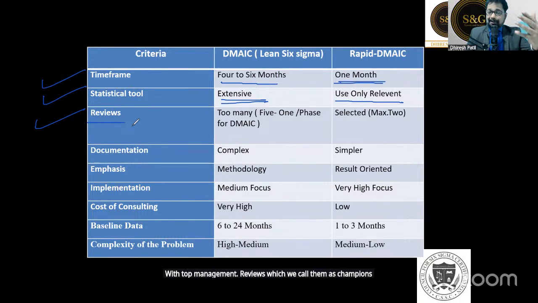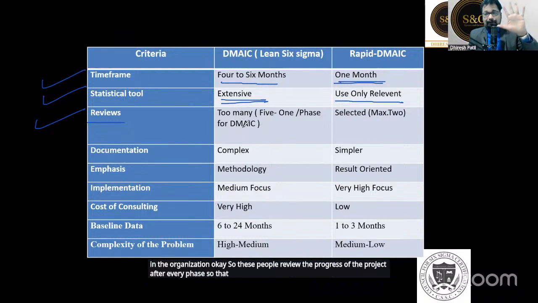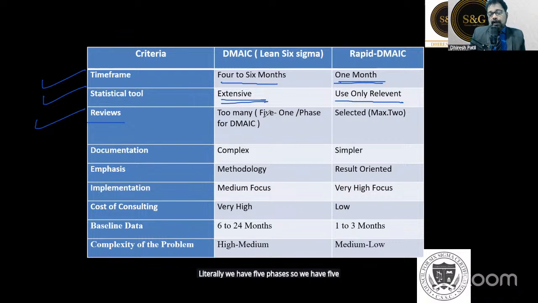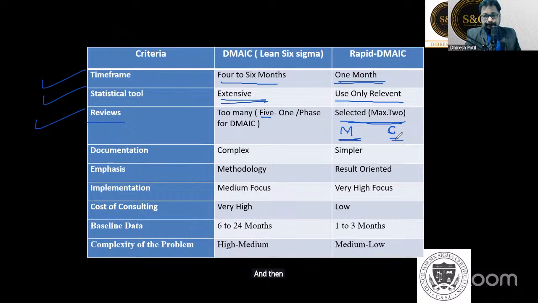Champions are the top management representatives who are driving this entire drive in the organization. They review the progress of the project after every phase. We have 5 phases, so we have 5 toll gate reviews. In rapid DMAIC, we only have 2 reviews: one after the major phase and the remaining one at the end of the project, within the control phase. All right.